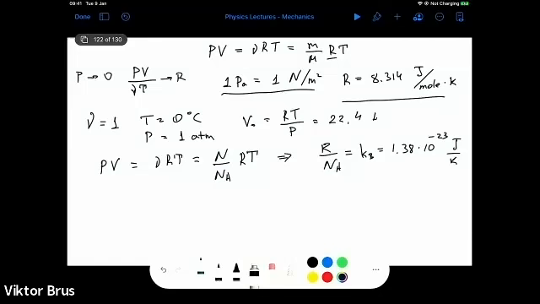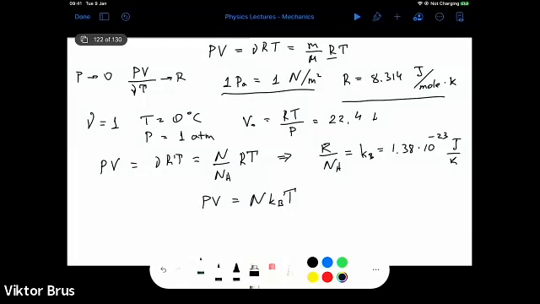So in this case, when we substitute this ratio R divided by Na by Boltzmann constant, we can write the ideal gas equation as PV equal to total number of particles times Boltzmann constant times absolute temperature.